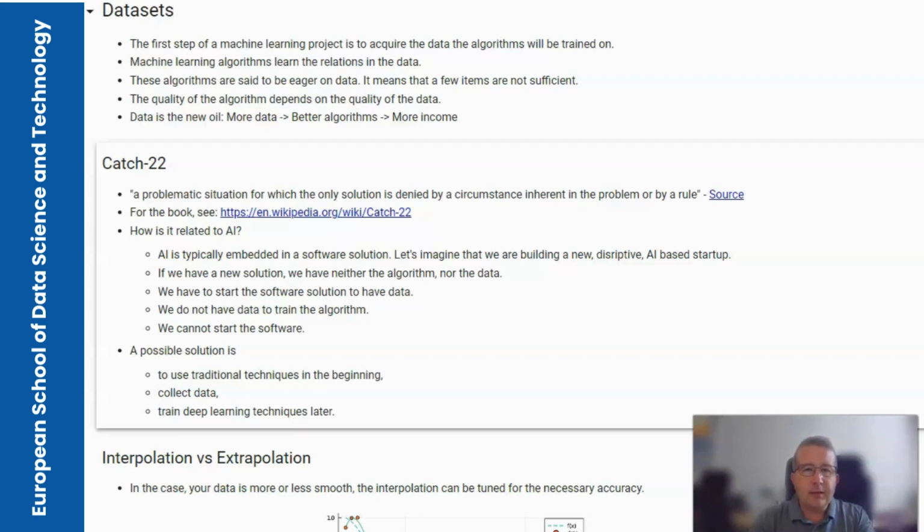So, as I said, the first step to do a machine learning project is to acquire data, and it's a good practice to have relevant data for the project. For example, I did a lot of machine learning projects, and at first all algorithms worked well in the laboratory, on the data that we had, and then we decided to put it into production, to move it to the client side, and then we experienced that the quality just degraded a bit.